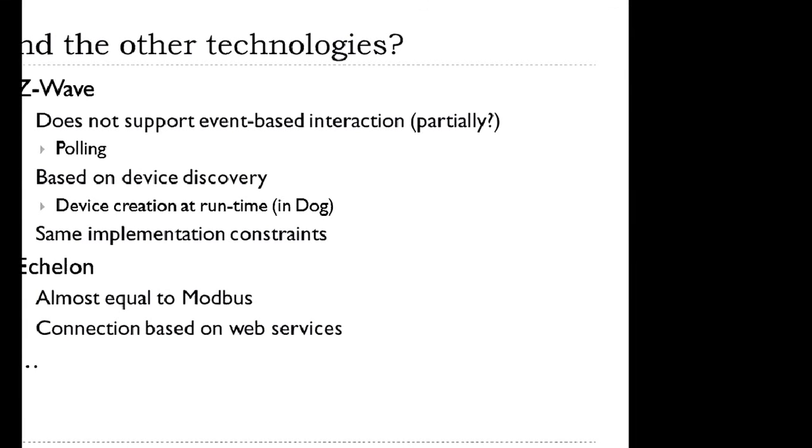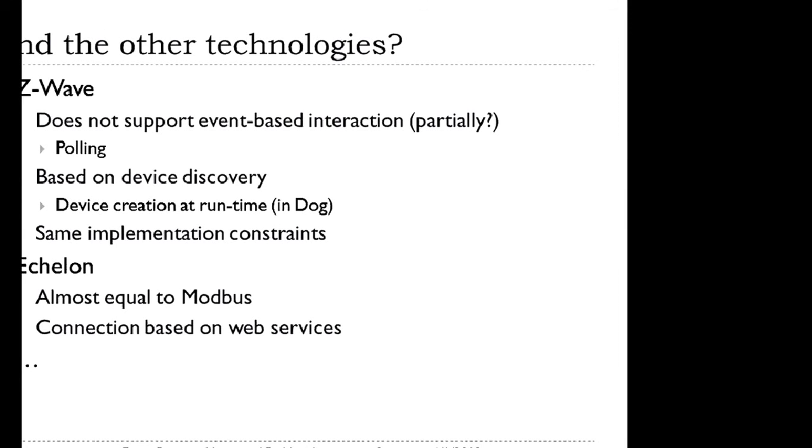Last consideration, what about the other technologies? Some that we know, some that we don't know. Almost the same thing. So we need to identify the idiosyncrasies and we need to mask them. In that way we have some similar idiosyncrasies to Modbus and some to KNX basically. So in that way we cannot have events.